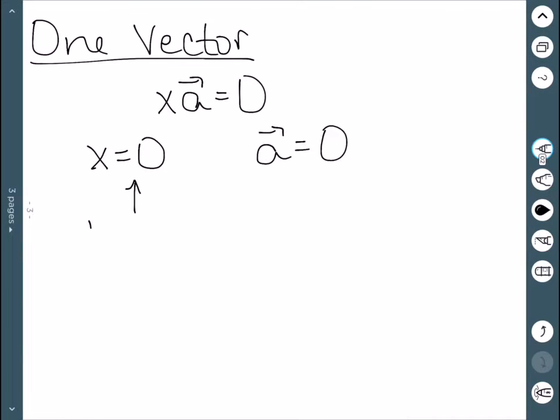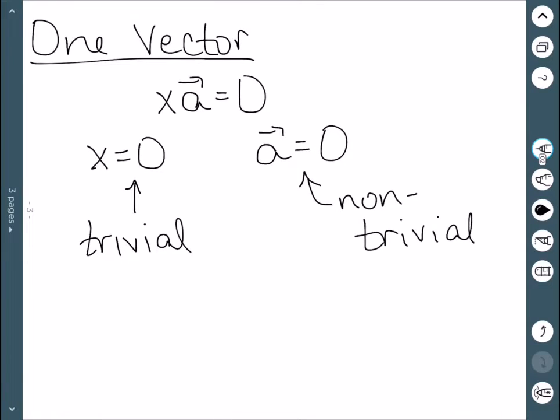If x is 0, this is our trivial solution. So we need a non-trivial solution, which would result on the other side if a was 0. Therefore, the only way a single vector can be linearly dependent is if it's 0. As long as it's not 0, it is linearly independent.